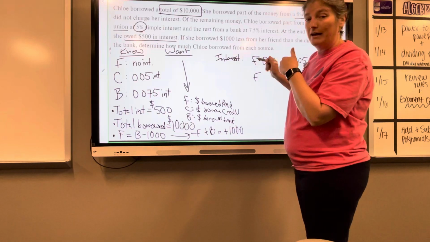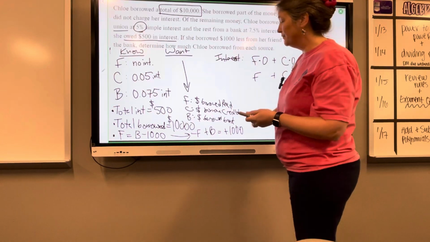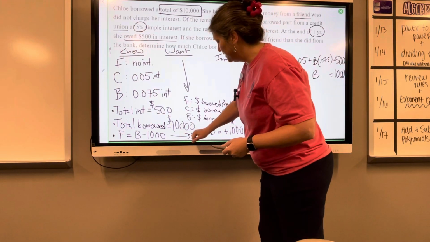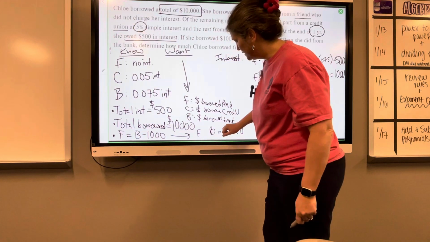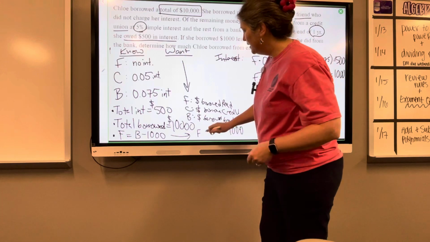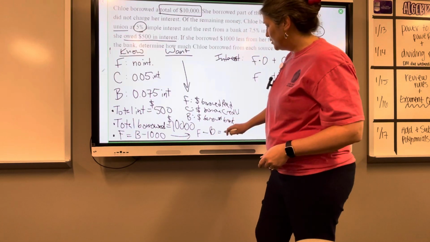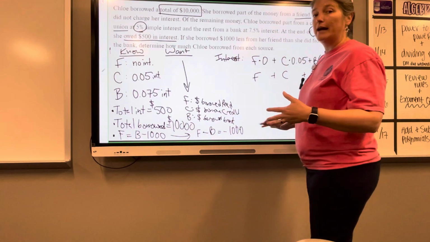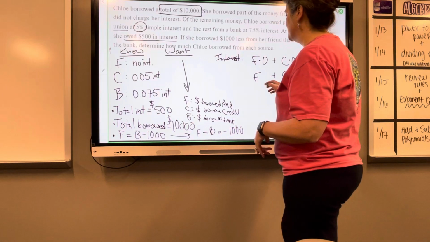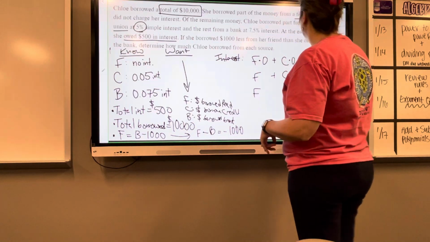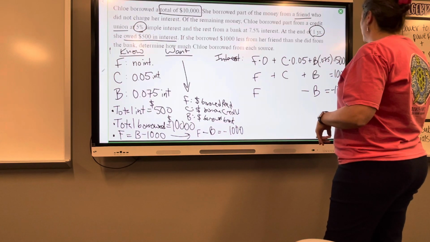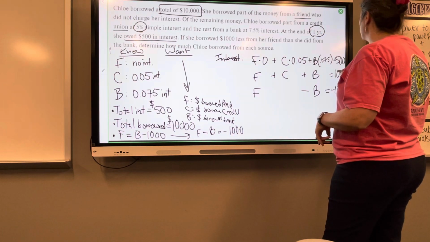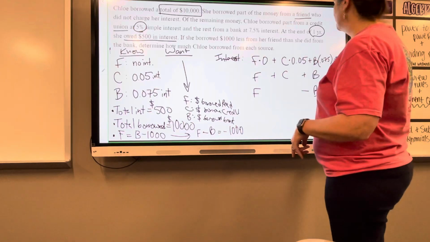I like having my F up front, so I'm going to go ahead and undo that and use the signs that I originally generated. But remember, because each row is an equation, I'm allowed to multiply through by different amounts. So I have F minus B equals negative 1,000. Oh, this was 10,000. That was going to be a problem.